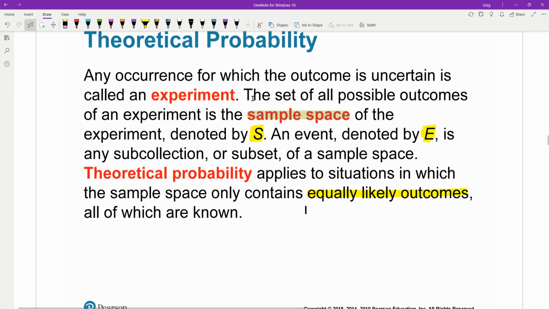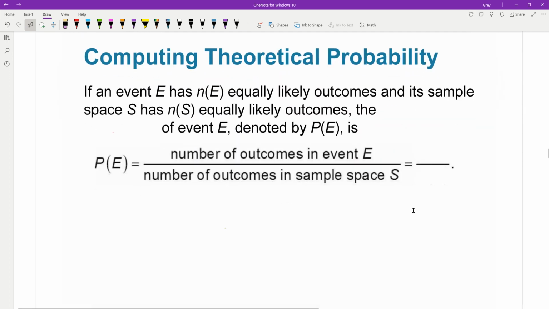If you think about theoretical probability, if I flip a coin, what's the probability of getting heads? It is 1 out of 2, because there's one head and only 2 possible outcomes, heads or tails. Computing theoretical probability is the number of outcomes of the event E over the number of outcomes in the sample space.